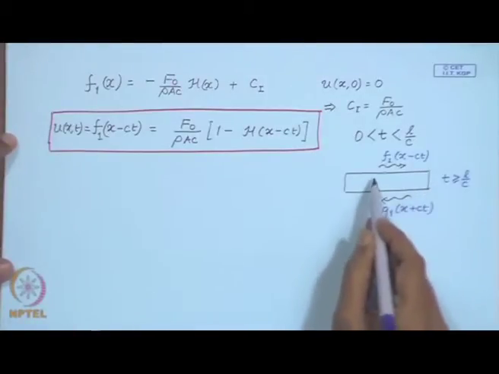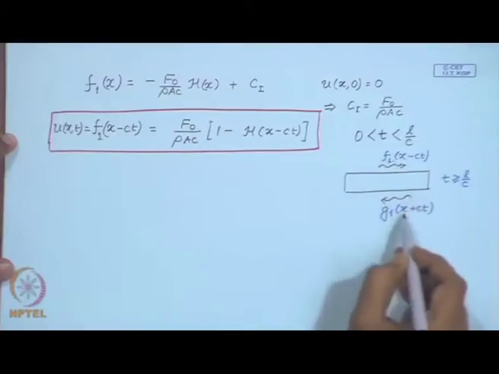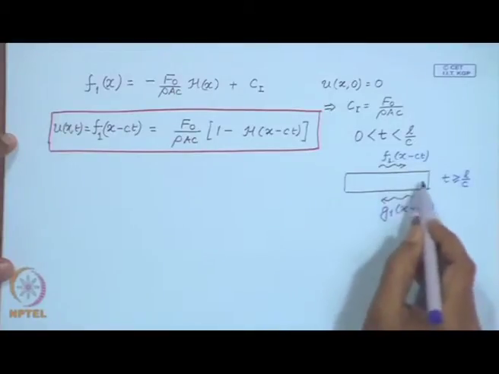As long as this wave has not reached the boundary, this is not generated; it is generated after this wave hits the right boundary.